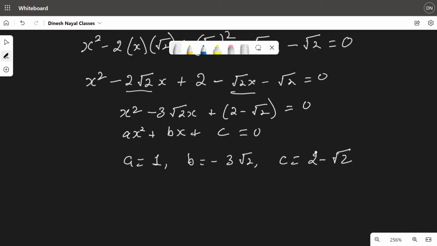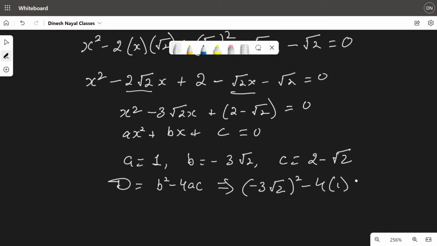Now applying the formula of discriminant, which is b square minus 4ac. D is b square minus 4ac, so this is (minus 3 root 2) whole square minus 4, a is 1, and this is 2 minus root 2.